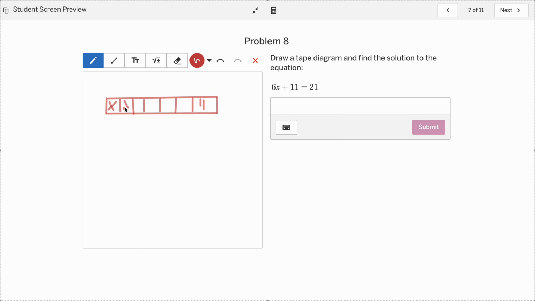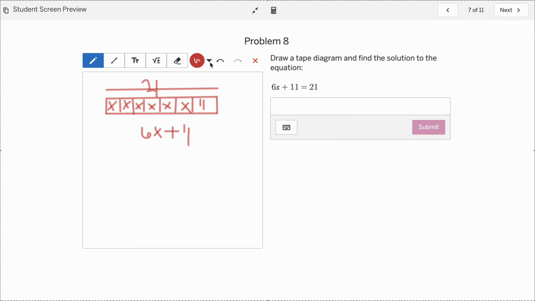Obviously my diagram is not very accurate because I'm terrible at drawing, but I do the best I can, and I would say that this is x, x, x, x, x, and x. Okay, so I have 6 x's plus 11, and my total equals 21.